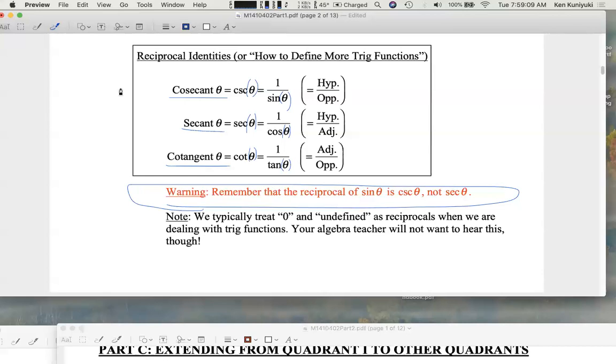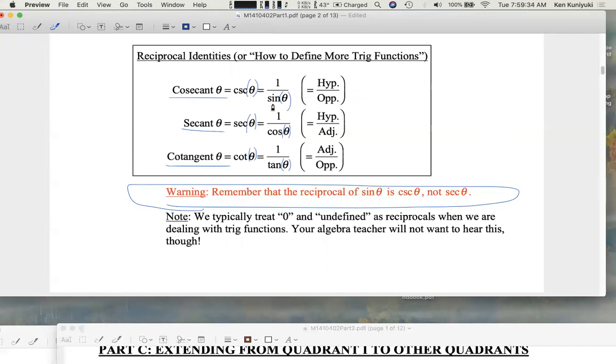It's kind of like when we had horizontal translations, where we were doing minus versus plus, shifting right versus left. It's the opposite from what you expect. You might think the reciprocal of sine of theta is secant of theta, but you'd be wrong. It's cosecant of theta. As it turns out, this will help us with the Pythagorean identities later on.